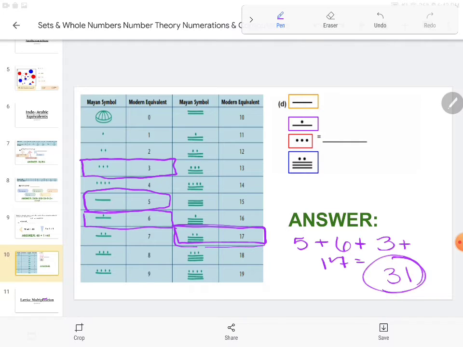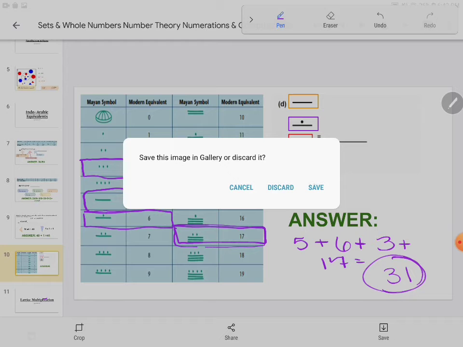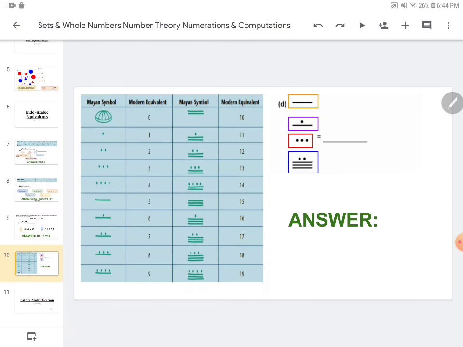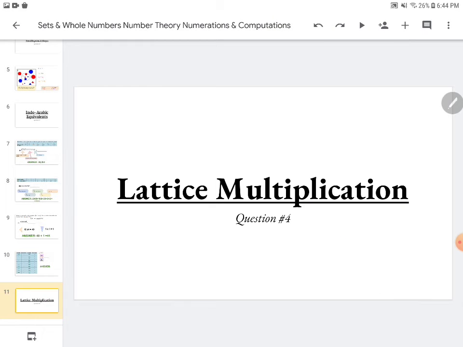For our next problem, we're going to go over lattice multiplication. This, I promise you, is probably one of the scariest looking ones that you'll have to go through as far as our work goes. It's actually one of the easier, more fun problems as well.